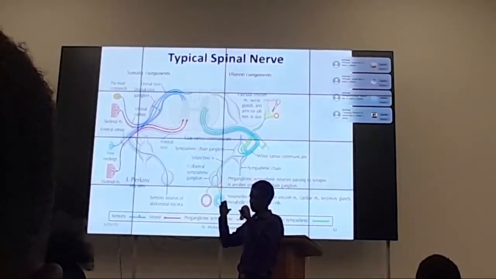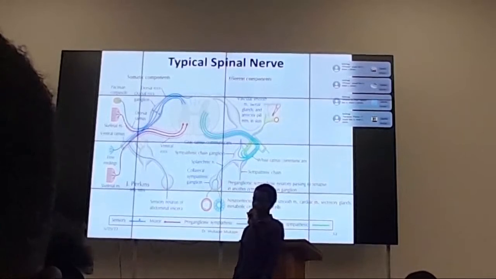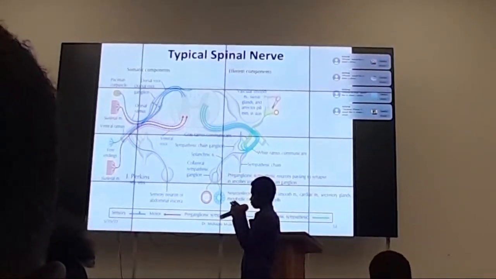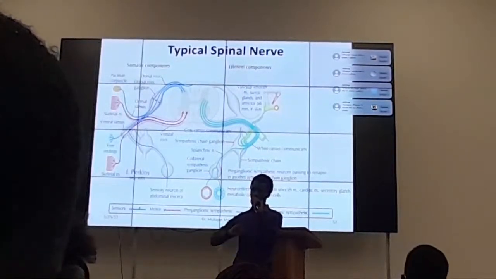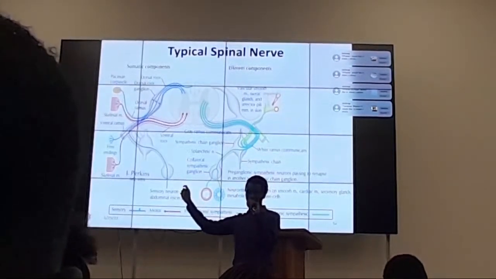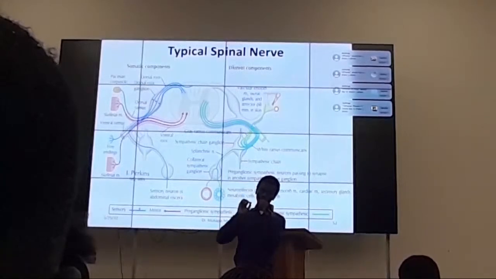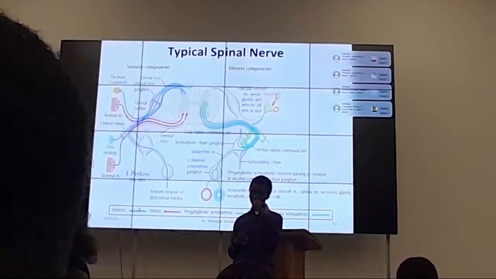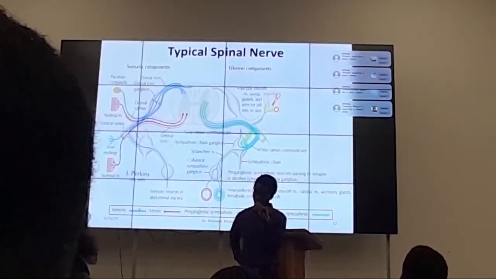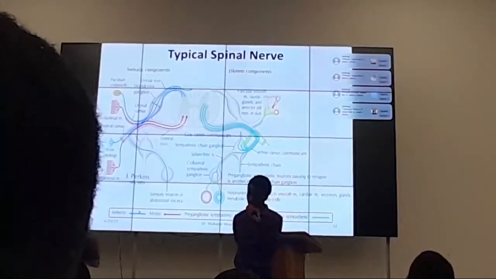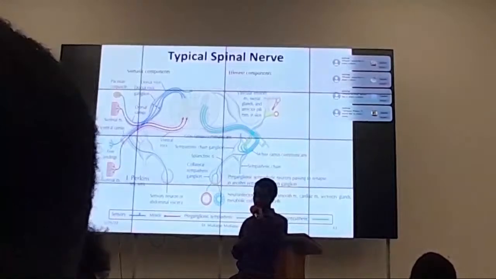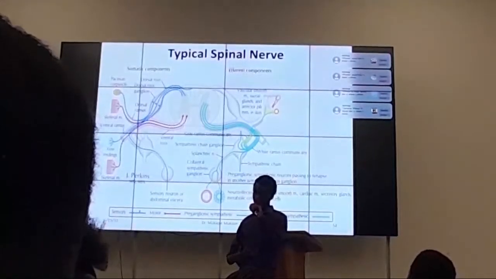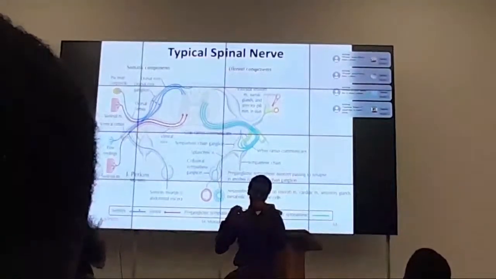When they fuse, they form the nerve. That nerve then bifurcates to give the dorsal primary ramus and ventral primary ramus. The dorsal supplies the dorsal aspect of the trunk, whereas the ventral supplies the anterior aspect as well as the lateral aspect of the trunk.